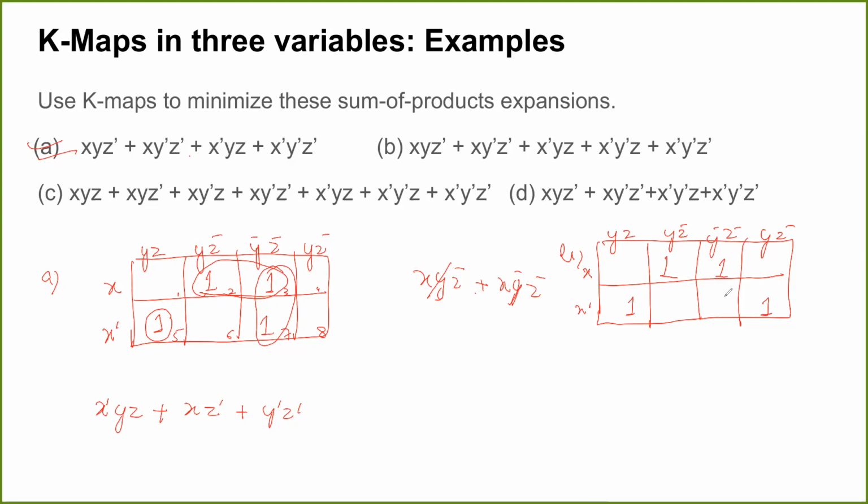And you have x prime, y prime, z prime. So tell me, how do I group this? Can I group this with something? Let me number them: 1, 2, 3, 4, 5, 6, 7, 8.